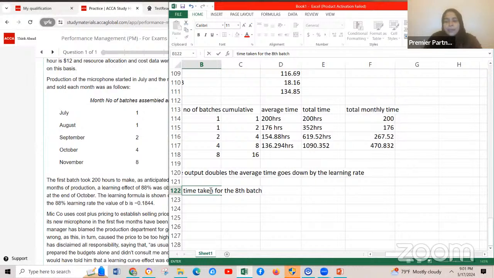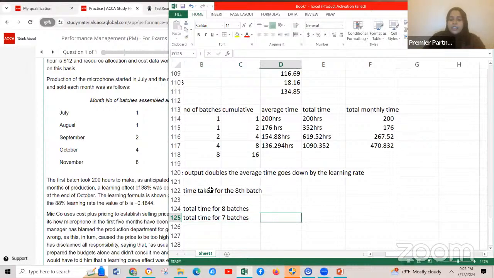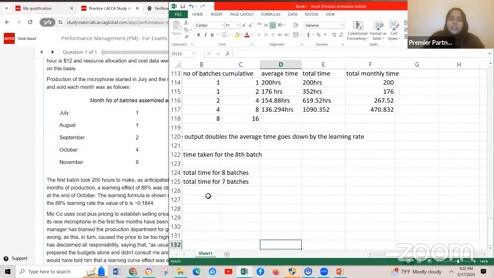So how to find the time taken for the 8th batch? Basically, we have to take the total time for 8 batches and subtract the total time for 7 batches, right? So we can't find total time because we don't have any formula for that. So generally we use the average time formula.